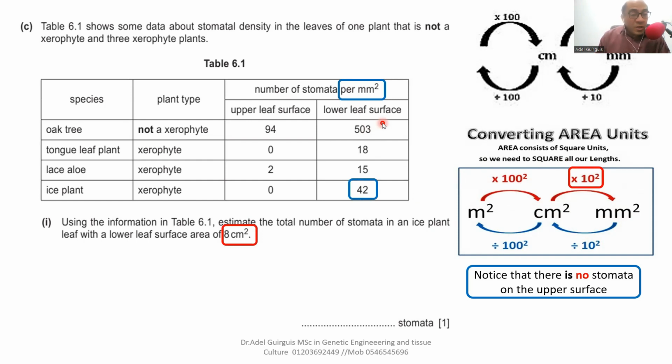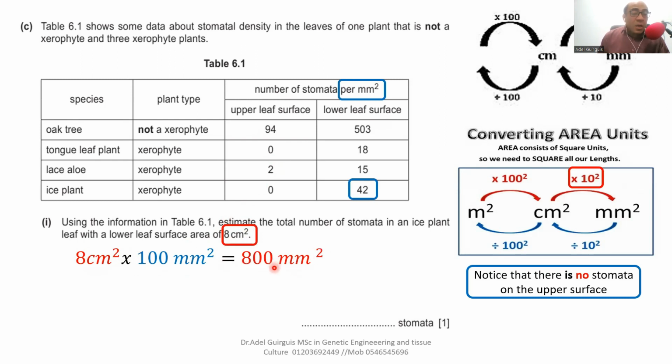Return to our question here, ice plant. Per squared millimeter, we found 42 stomata. So in 8 squared centimeters, we first convert square centimeter into squared millimeter by multiplying by 100. 8 square centimeters times 100 equals 800 squared millimeters.